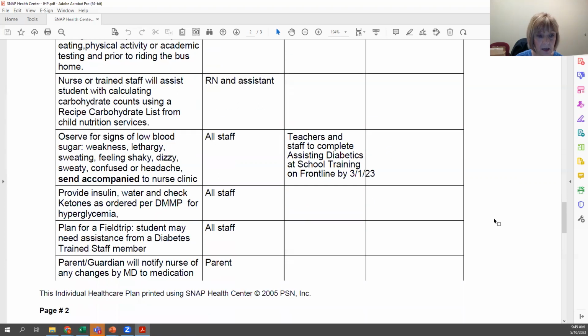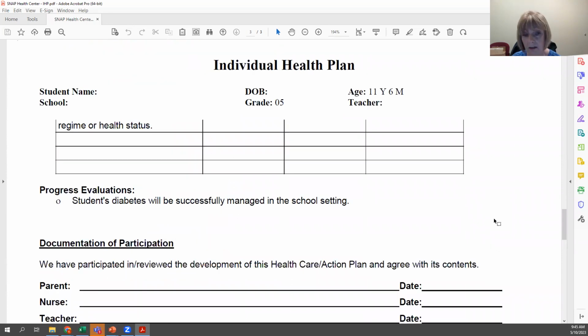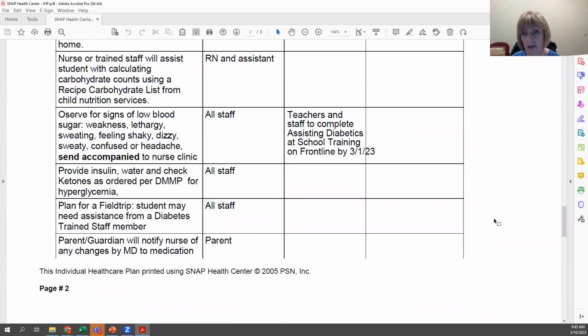Field trips and parents to tell us about changes to the medication. This is one of those that, good luck. Usually the student will tell me, and then I'll have to call the parent and say, oh, there was a change, and is it okay if I contact your endo? But again, I'm doing it for the student as well.